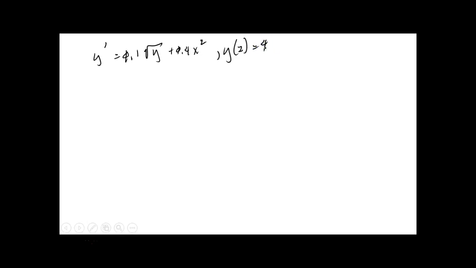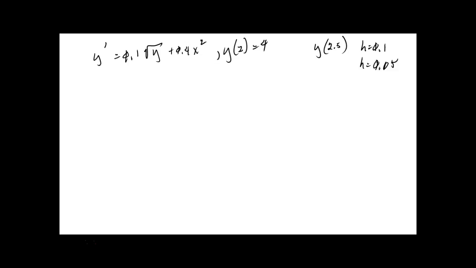Use Euler's method to obtain a solution of y of 2.5. We're looking for y of 2.5, using h equals 0.1, not nearly as bad as 0.001, and then later we'll do h at 0.05. That's going to double the number of increments, and double the amount of effort too.